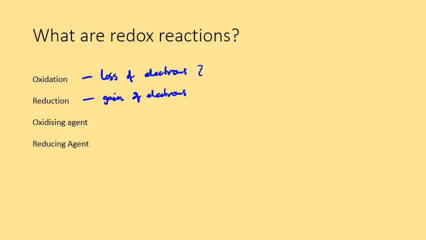And in case you've forgotten that mnemonic to help you remember, OIL RIG: oxidation is loss, reduction is gain. So that means an oxidizing agent accepts electrons but gets reduced itself.